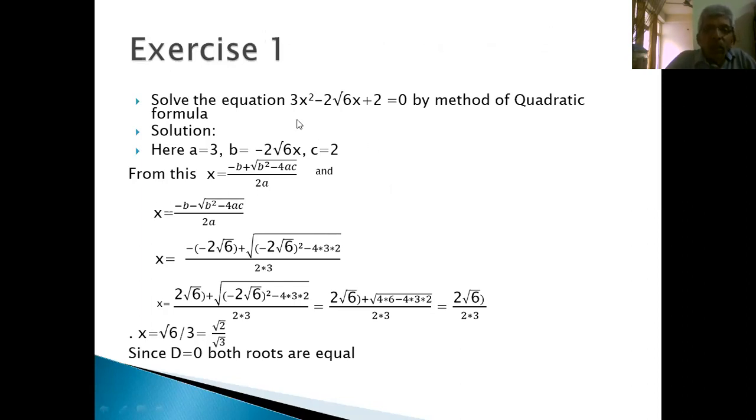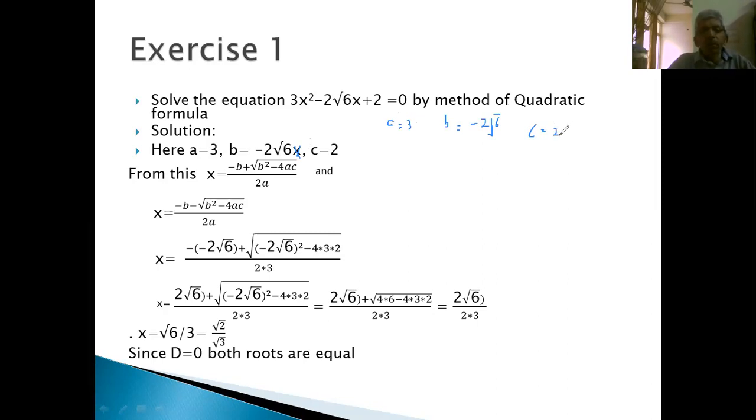In this case, you see a is 3, b is minus 2 root 6. It is not minus 2 root 6x, it is only minus 2 root 6, and c is 2.